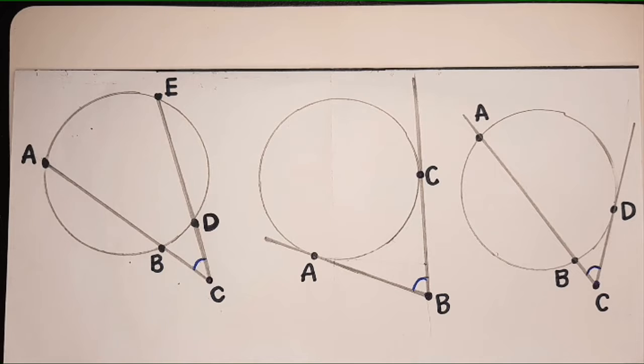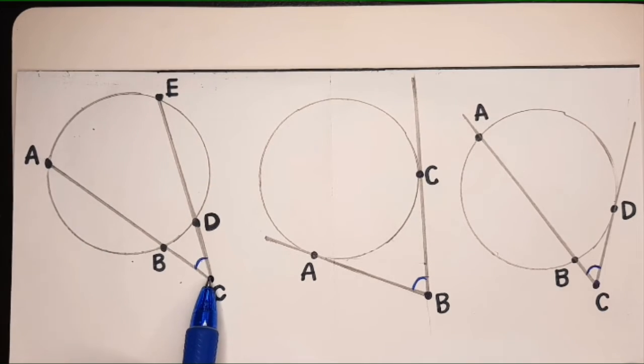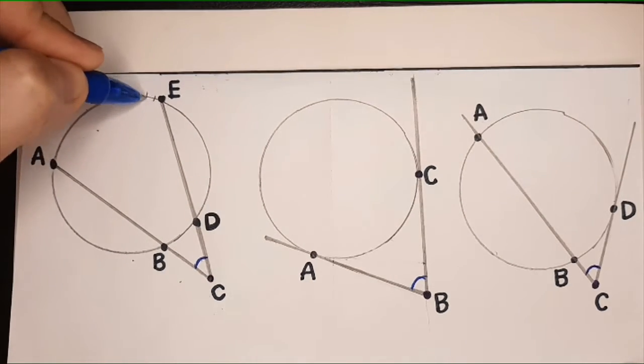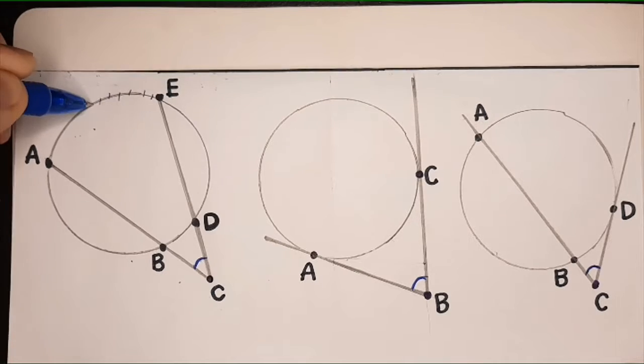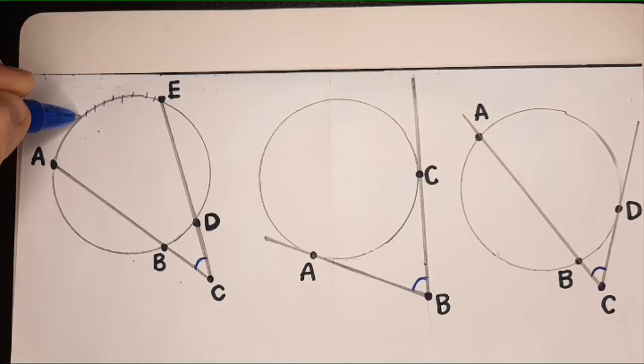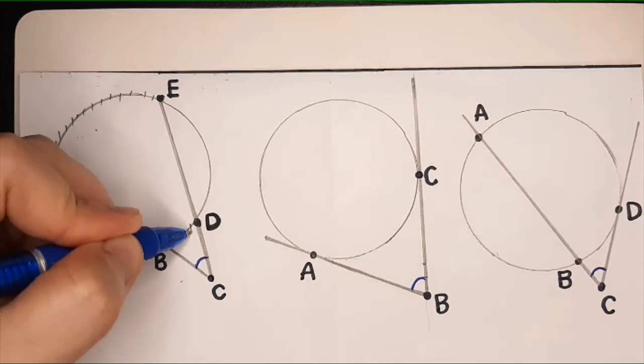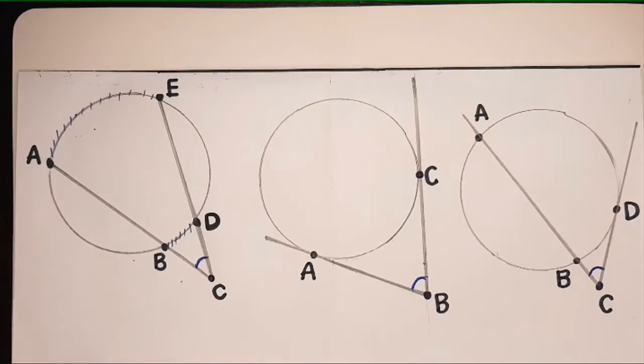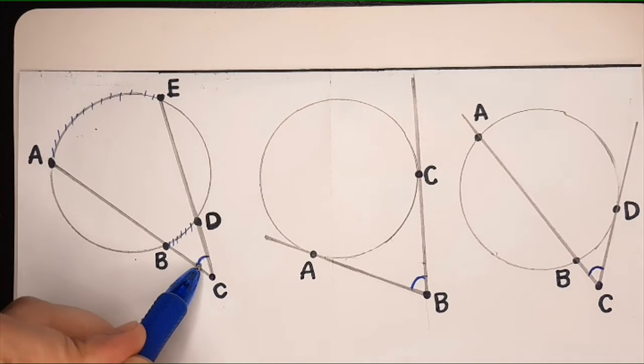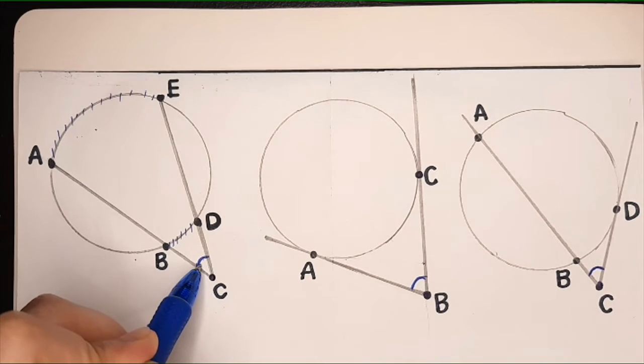Okay? Mag-start kayo dun sa mas malaking arc minus the smaller arc. So, for example, here, where is the bigger arc? Here. This is the bigger intercepted arc. Okay? Minus the smaller intercepted arc. And then divide it by 2. That will be the measure of this angle. Okay?